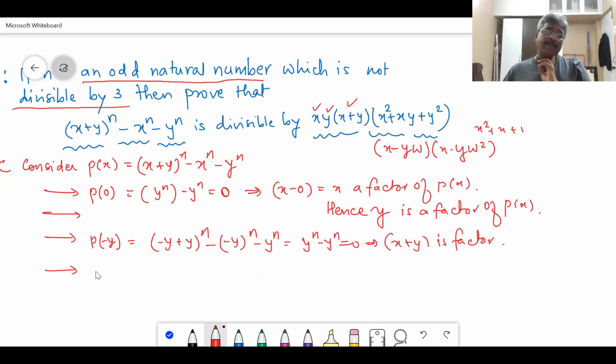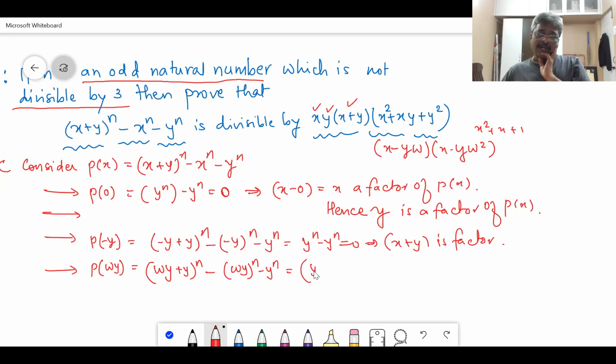So we should try p of omega y, which is equal to x equals omega y, plus y raised to n minus omega y raised to n minus y raised to n. Now here, inside the bracket, what you can do is take out y common.